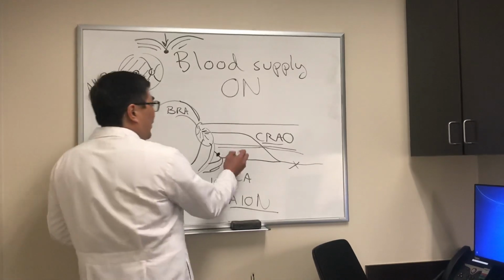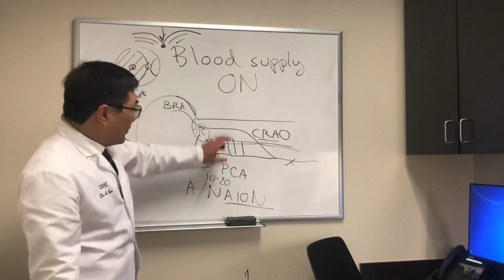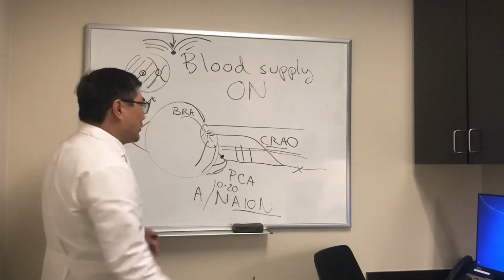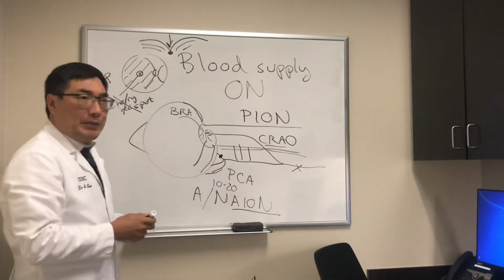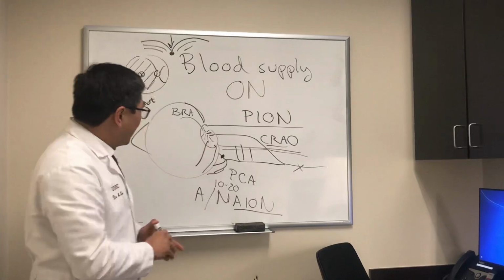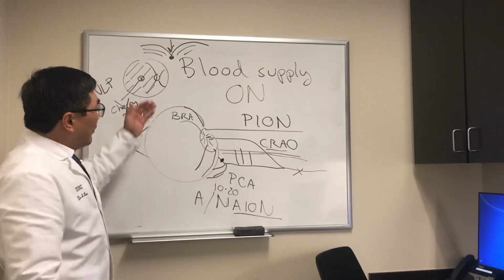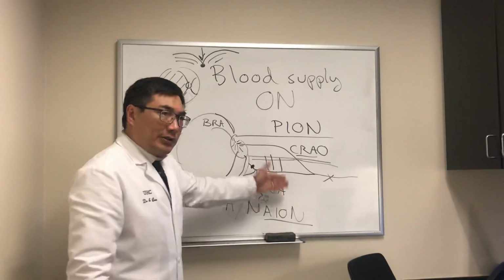And if you have a problem with the posterior optic nerve from ischemia, also ophthalmic level distribution, that we don't call AION, we call that PION because the ischemia is behind the globe, behind the lamina cribrosa. So when we're looking at the blood supply of the optic nerve, we're really looking at posterior ciliary circulation.